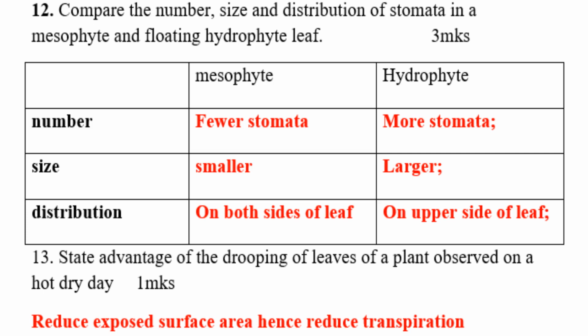Number 13. State the advantages of dropping of leaves of a plant observed on a hot, dry day. What are the advantages of the plant dropping leaves during a hot and dry day?